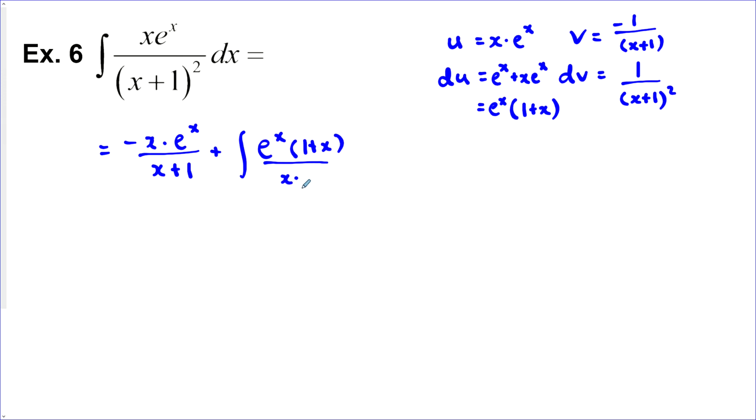But you see something cool here is that the x plus 1 and the 1 plus x here, they can cancel. And that really simplifies our integral here, making it possible. Leave this messy first term alone, and the antiderivative of e to the x is e to the x, and we need a plus c for our indefinite integral.